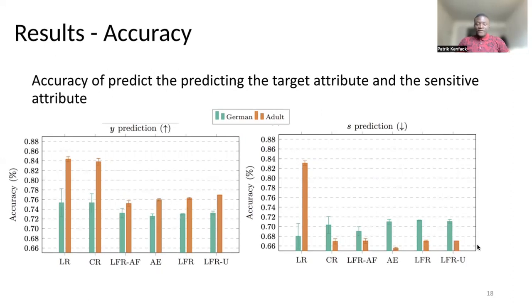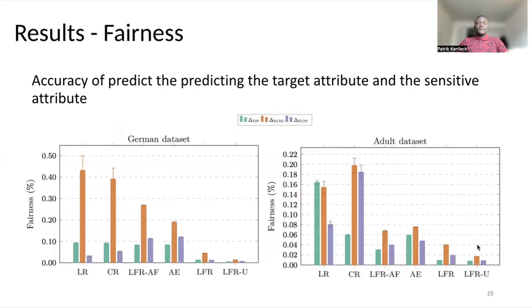And for the prediction of S, the goal is to make it as inaccurate as possible. This is just to check how much information is still encoded in the learned representation. So we see that our method also gives smaller performance when it comes to reconstructing S, or predicting it using a logistic regression model.